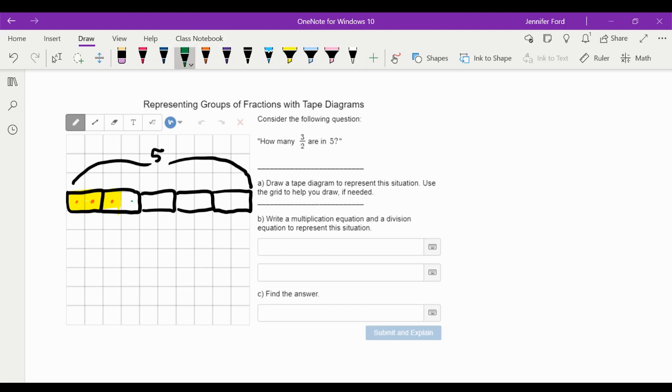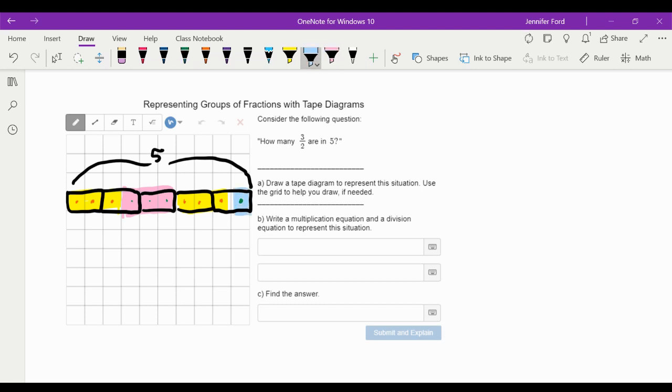And then 1, 2, 3/2. That's 2. And then 1, 2, 3/2. That's 3. And then 1. That's what I have left over.